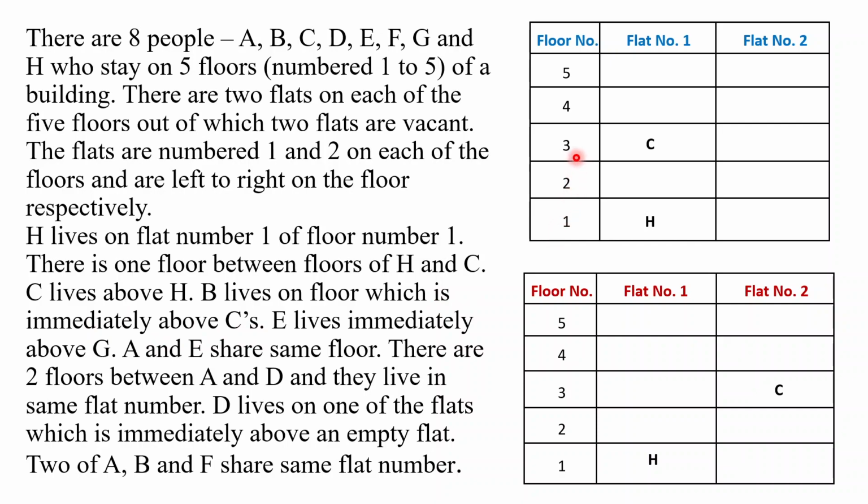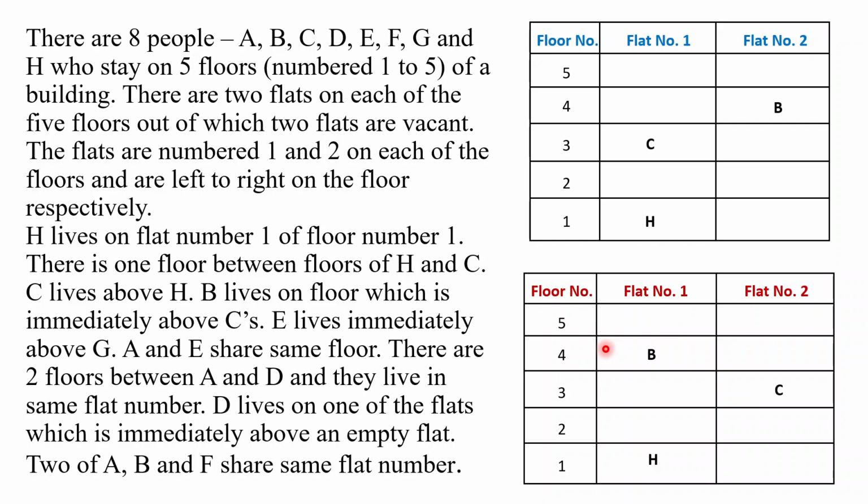So immediately above C's floor is the fourth floor. So B is living on fourth floor, either in flat number 1 or in flat number 2. So let's suppose in case number 1, B is living in flat number 2 of floor number 4. Okay. And in second case, let's suppose B is living in flat number 1 of floor number 4.